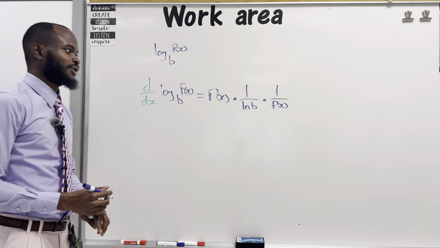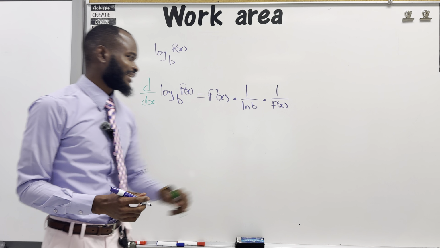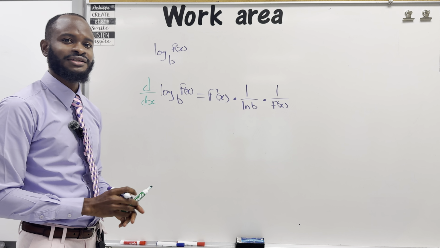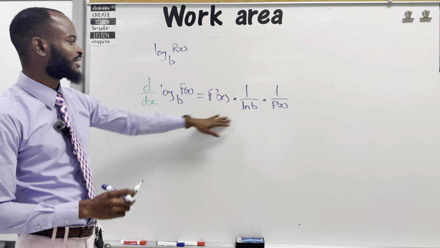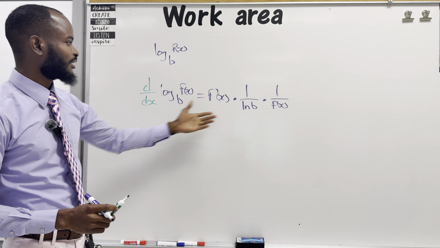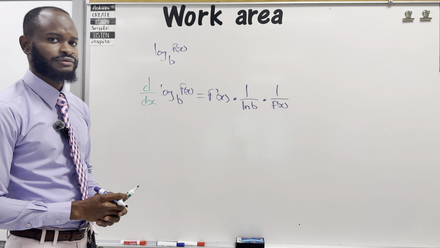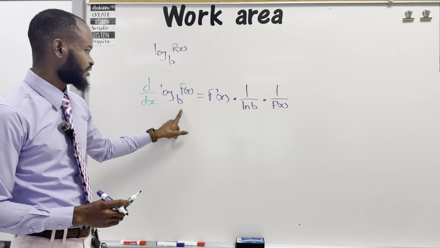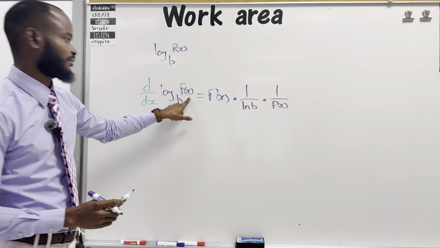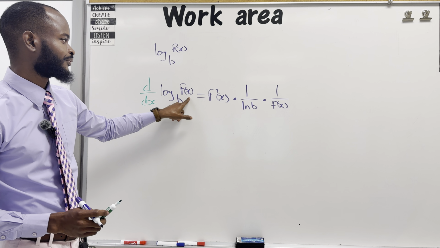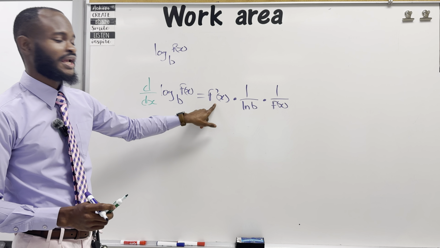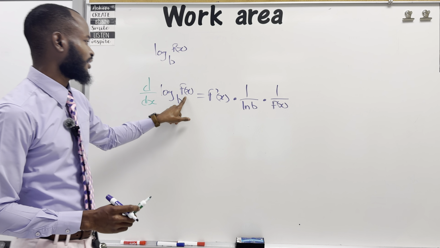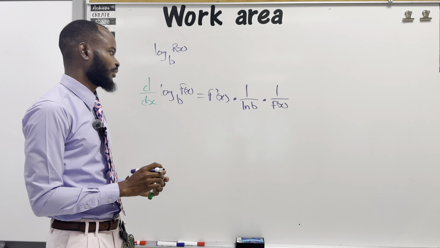Once you remember this, and it's not hard to remember, I don't think you have to deeply memorize it, because once you look at it, it becomes intuitive. The derivative of the argument times 1 over the natural log of the base times 1 over the argument, whichever way works.